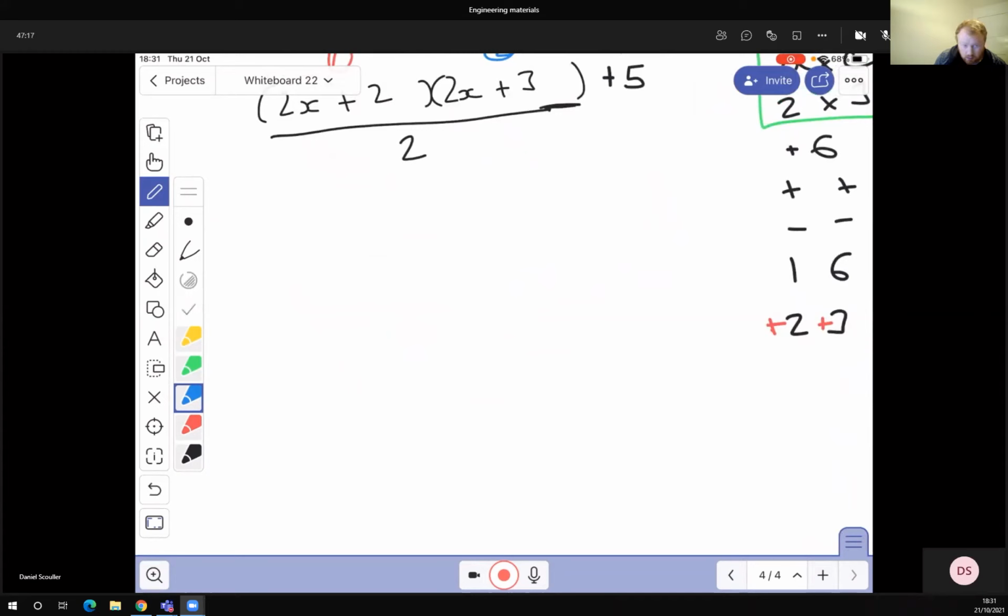When we were looking at common factors, bracket 1 is 2x plus 2, and the common factor to come out would be 2. We can take 2 out of that and that simplifies that bracket, so the bracket becomes x plus 1.